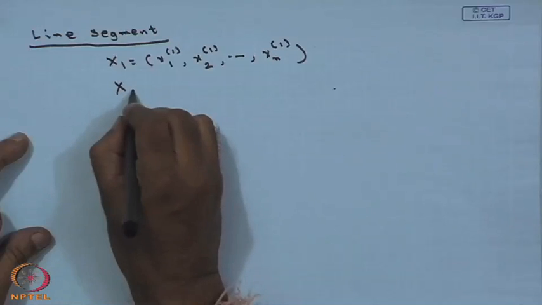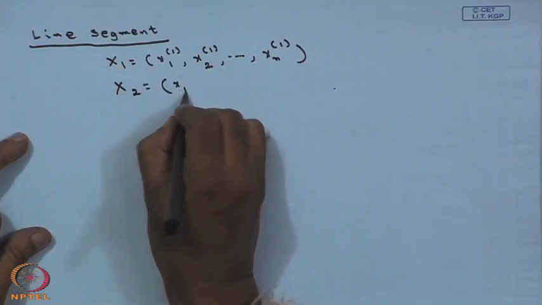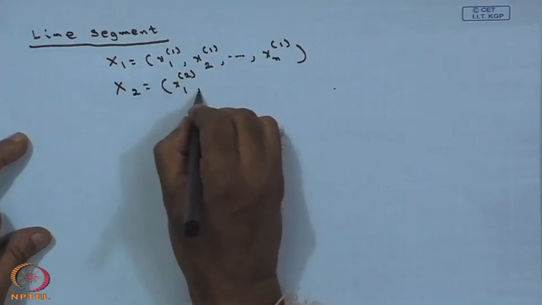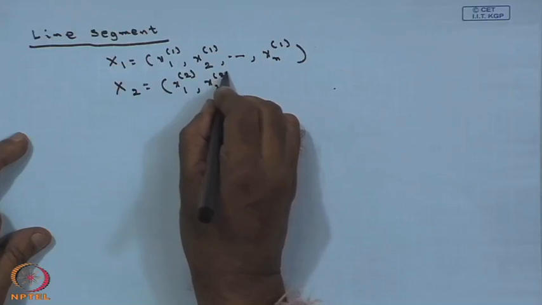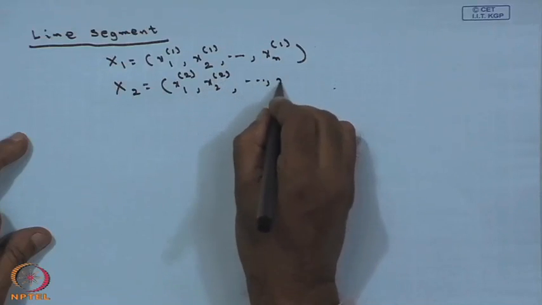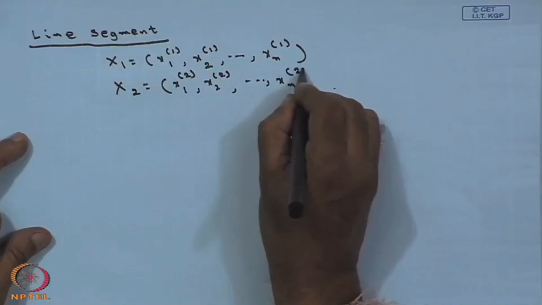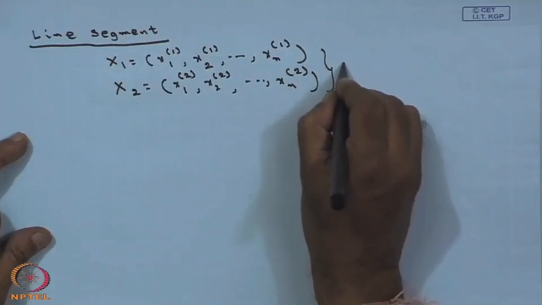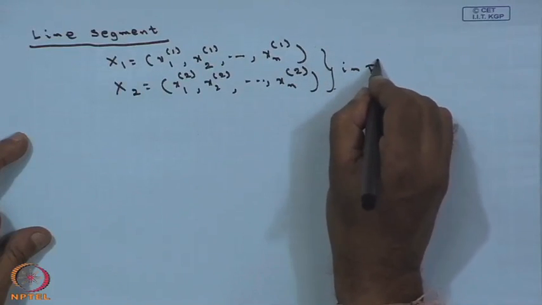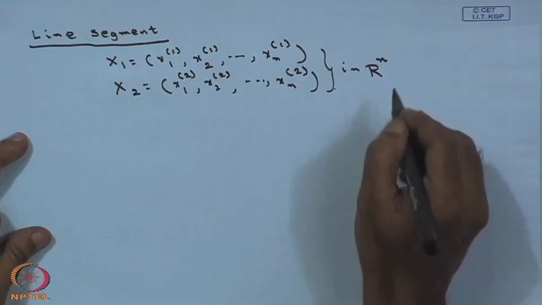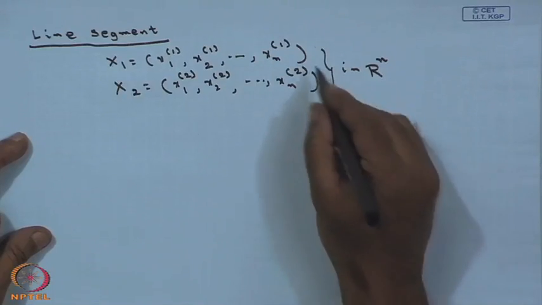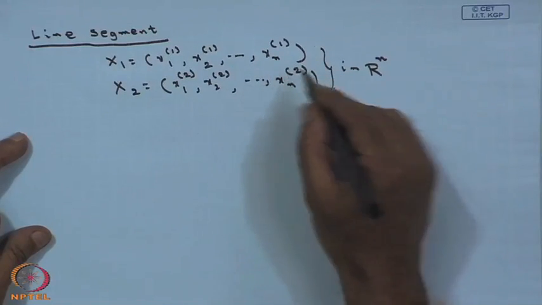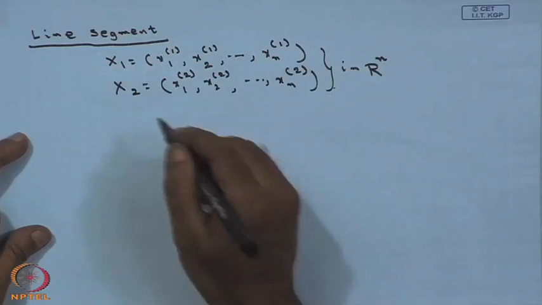There is another point, say x2, which we are defining as x_1^2, x_2^2, up to x_n^2. Obviously these two points are in n dimensional space, or we are calling it R^n.